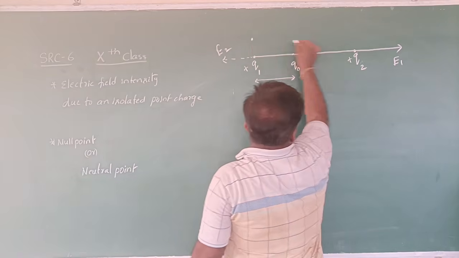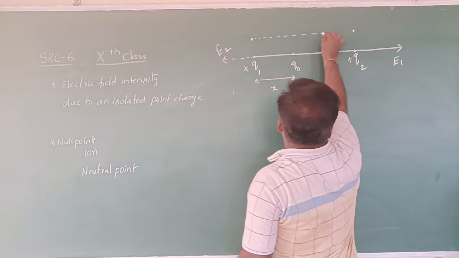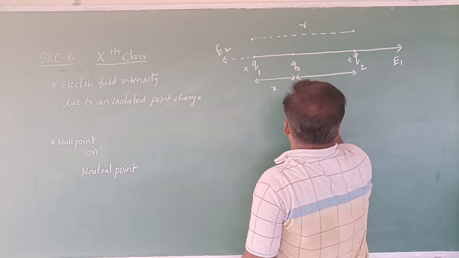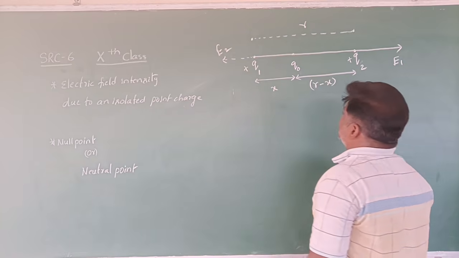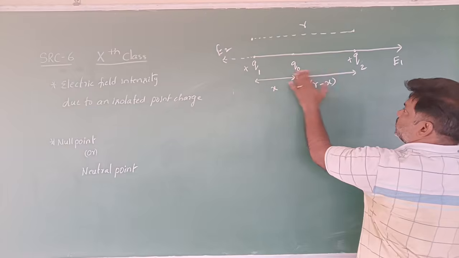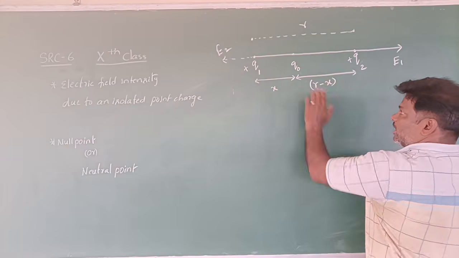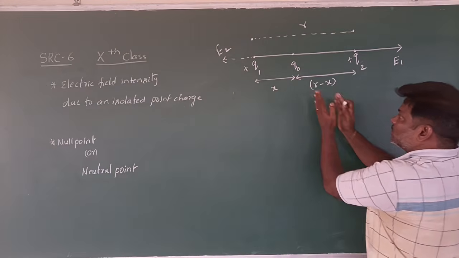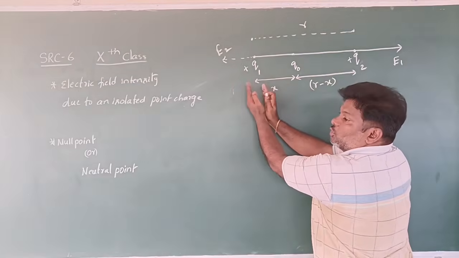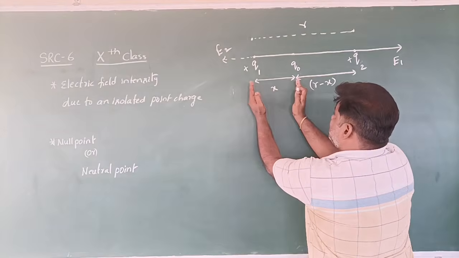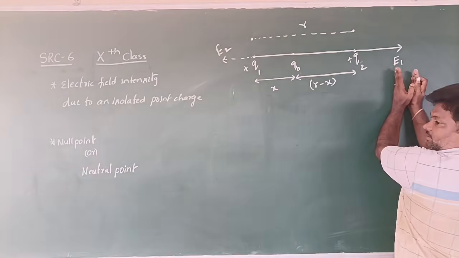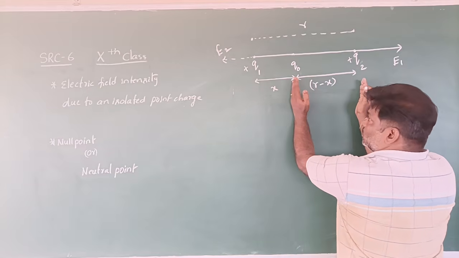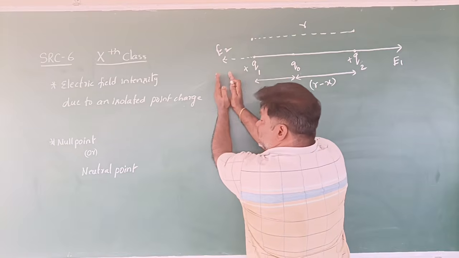And the distance between these two is taken as r. Now, what is the distance between these two? This is r minus x. So Q1 and Q2 are two charges at a distance of r, and Q0 is a test charge placed between Q1 and Q2. Q0 will experience a force due to Q1 in the direction E1, and again a force due to Q2 in the direction E2.